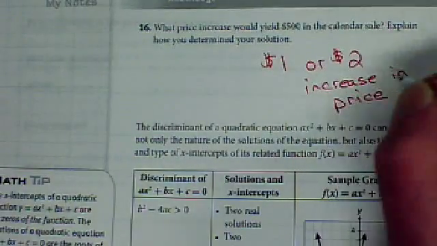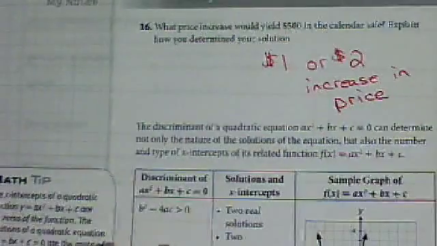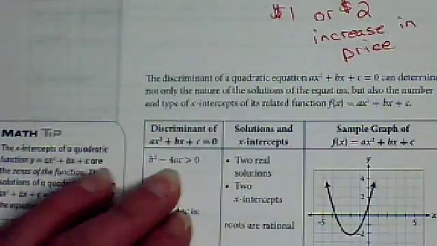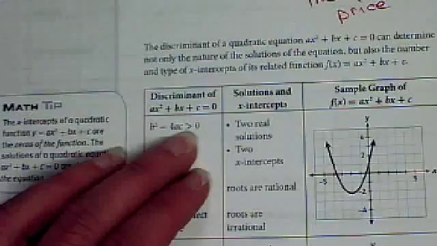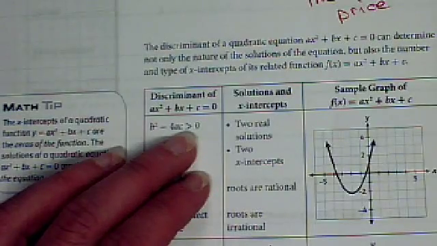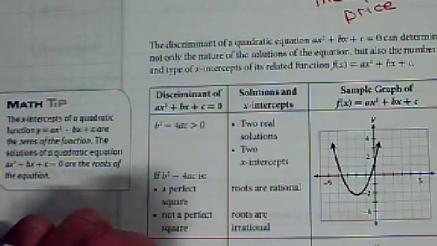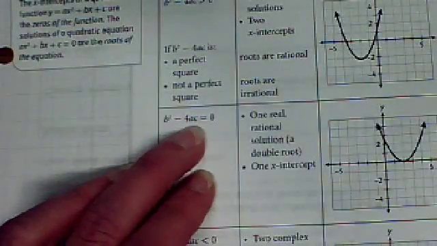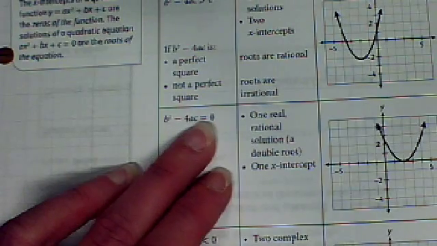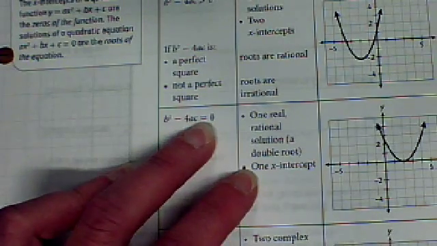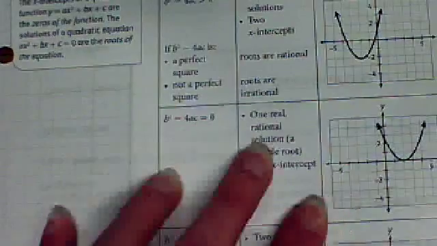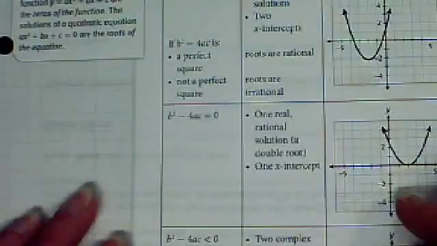Now we're going to review a little bit, thinking about those discriminants. If the discriminant is greater than 0, then you end up with two real solutions. You're going to have two actual x-intercepts. If b squared minus 4ac is 0, you have one real solution, or one answer.